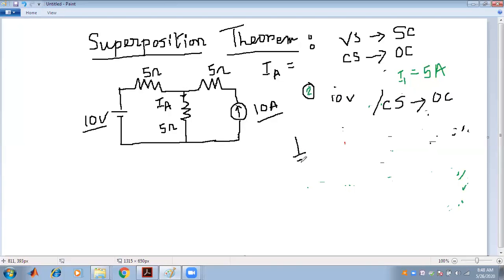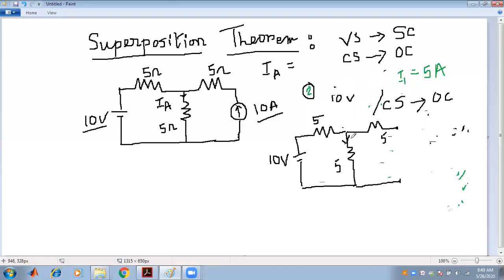The 10 volt is activated, and here the current source is open circuited. So no current will be flowing through this. This is the 10 volt and this is 5 ohm. This is also 5 ohm and this is 5 ohm.